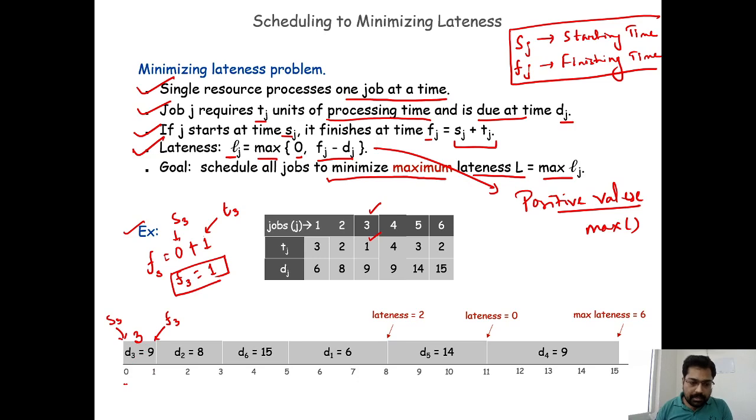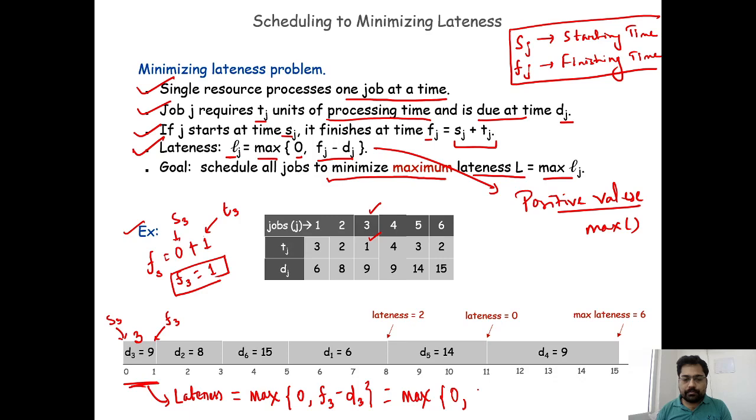So to find the lateness, we know the maximum function is written as max of 0 comma Fj minus Dj, here F of 3 minus D of 3. So within the maximum function it is written 0 comma the finishing time we ended with, 1, minus 9.